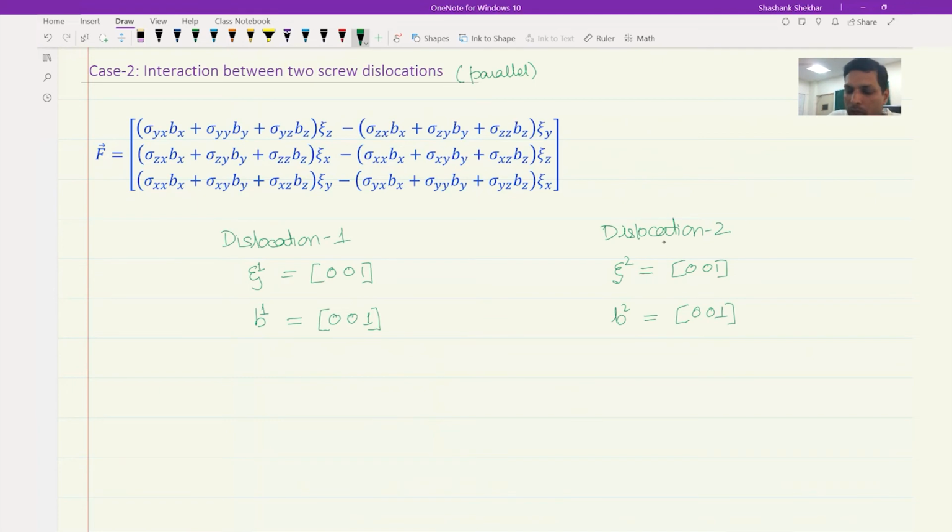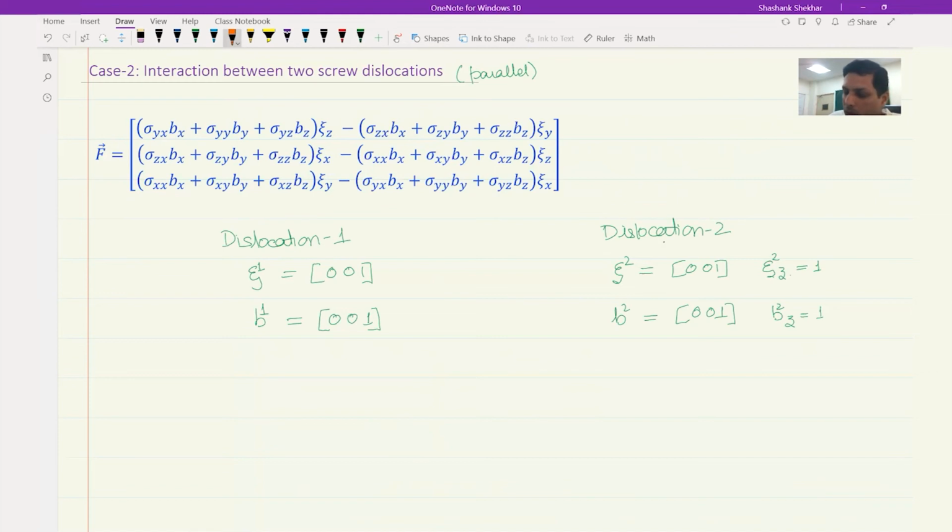Over here, the Burgers vector and the line vector are with respect to dislocation 2, so it has only a z component, or basically e superscript 2 z is equal to 1, b superscript z is equal to 1.